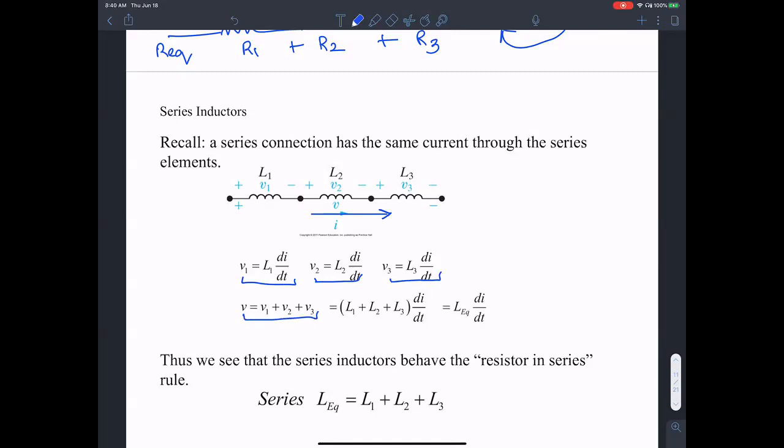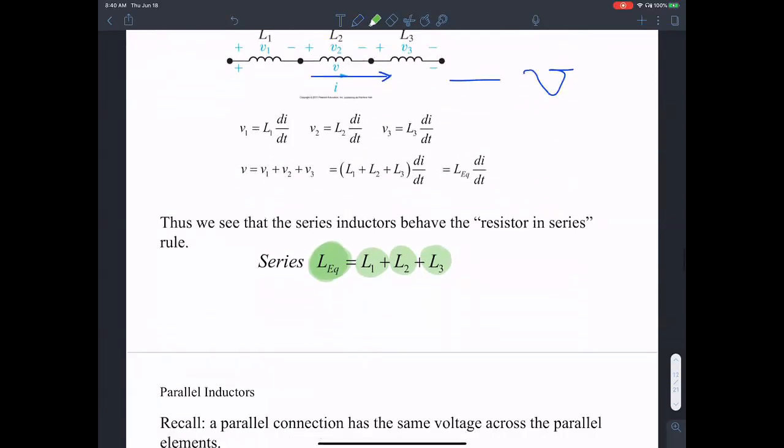The overall voltage applied from here to here, that's V, is the sum of individual voltages, and you can derive that the equivalent inductance of a series of inductances is simply the sum. Just like in resistors, the same applies in inductors as well.